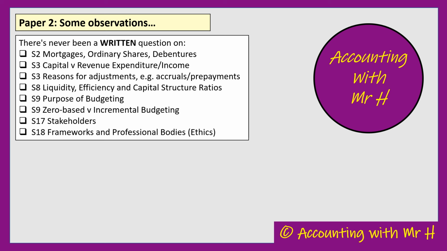Section 9, purposes of budgeting. They've done a little bit on budgeting, the usefulness of certain budgets, but understanding the purpose of budgeting, or the difference between zero-based and incremental budgeting, that could be a nice little 3 marker or a 6 marker. And then section 17 and 18, I put this in my paper 1 video as well because these sections cross over.